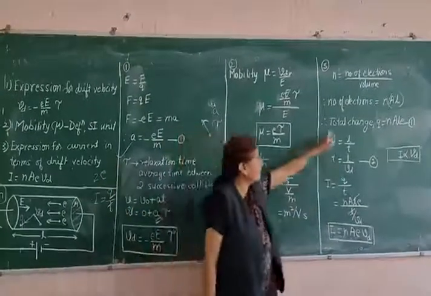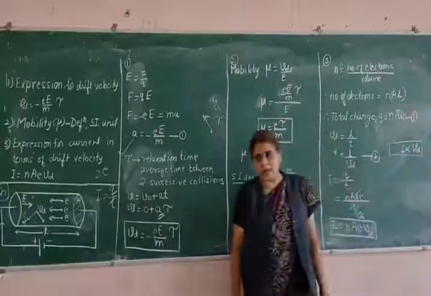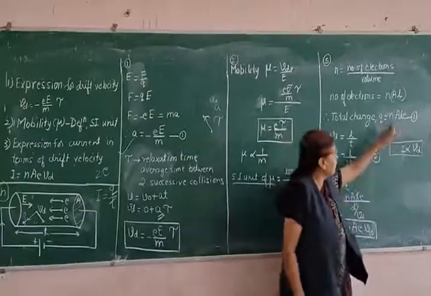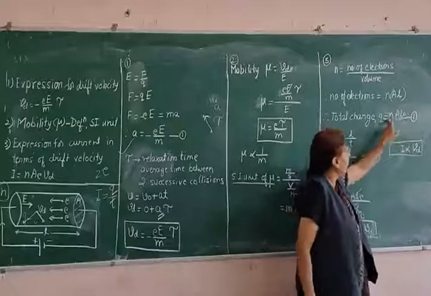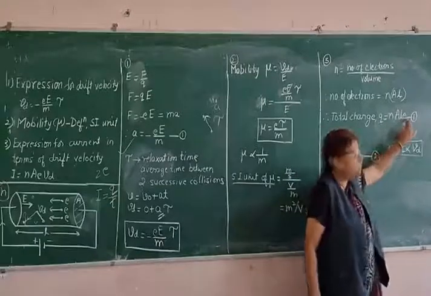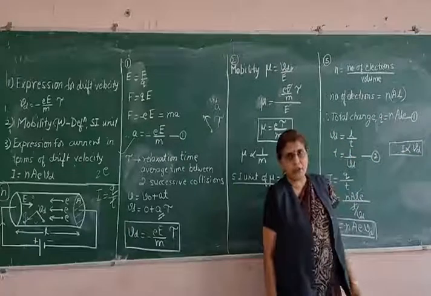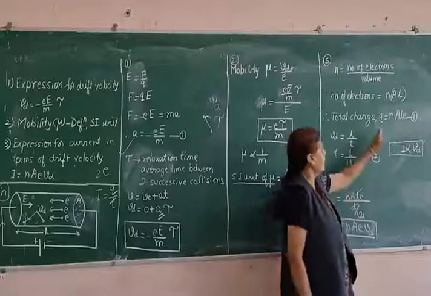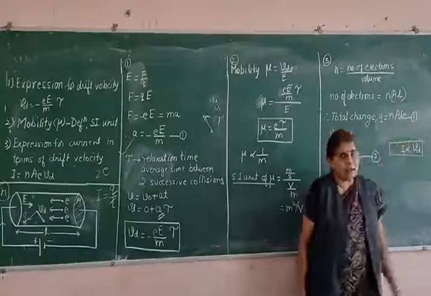Like this, n A L electrons are there. So the total charge in the conductor is e into the number of electrons. So it will be nAL into e. I have written an expression for charge in the conductor, that is Q = nALe. Let us call it equation 1.